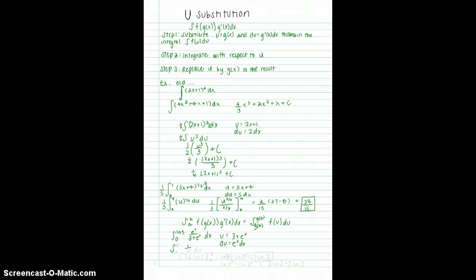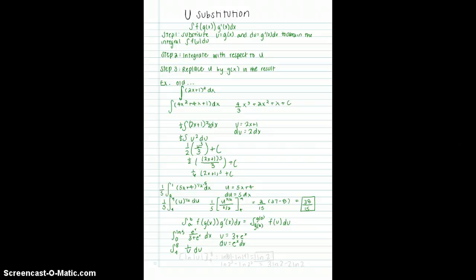So we have 1 over u du, and the new limits are going to be, if we plug in 0, we get 3 plus 1, so we have 4. And if we plug in natural log of 5, we get 8 because e raised to the natural log of 5 is 5, and 3 plus 5 is 8.